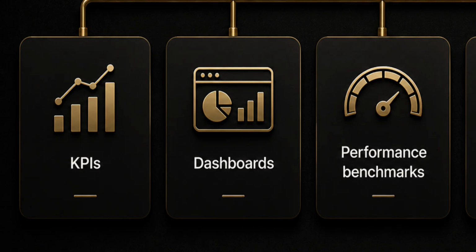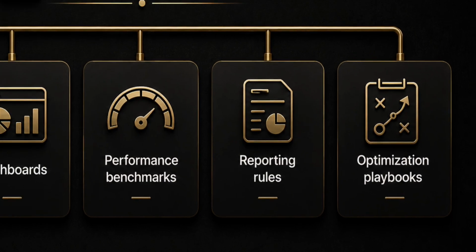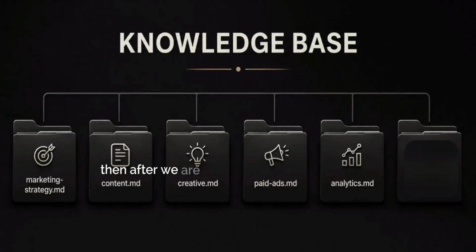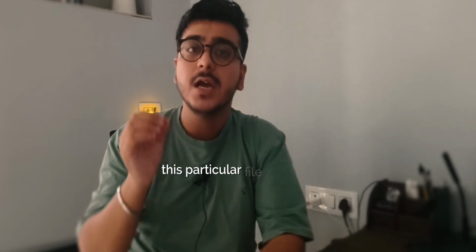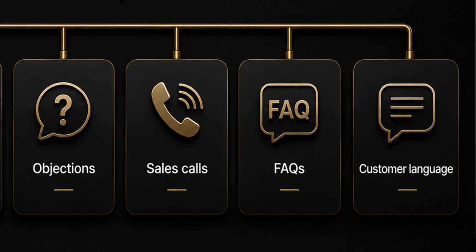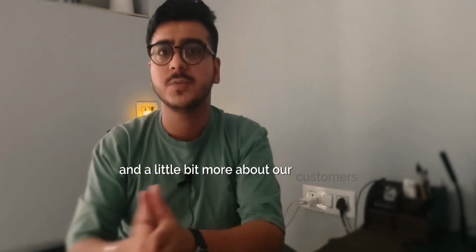Then you have dashboards, performance benchmarks, reporting rules, optimization playbooks, and a little bit more related to analytics. Then after we are done with these 5 kind of files, we create customervoice.md file. This particular file contains reviews, testimonials, objection, sales calls, FAQs, customer language, and a little bit more about your customers.